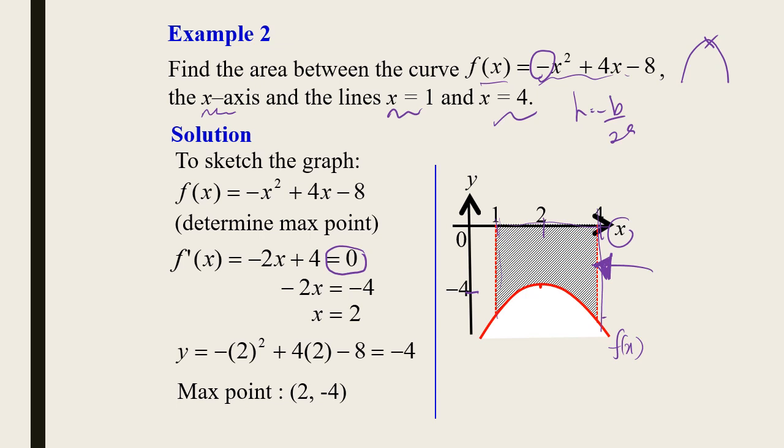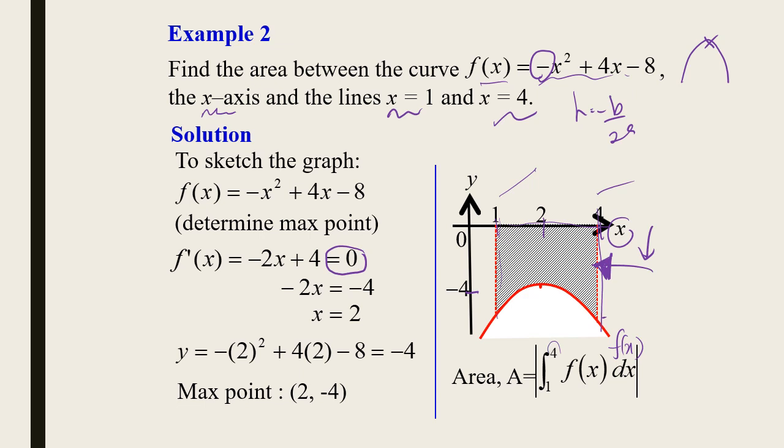So the region actually lies below the x-axis. So if it's below the x-axis, we have to put absolute notation after you find out the answer. Okay? So the area A is equal to the absolute value of the integration of f(x) with respect to x from 1 to 4.